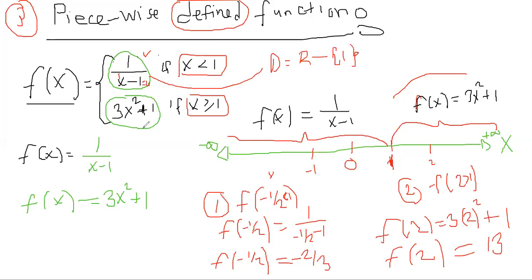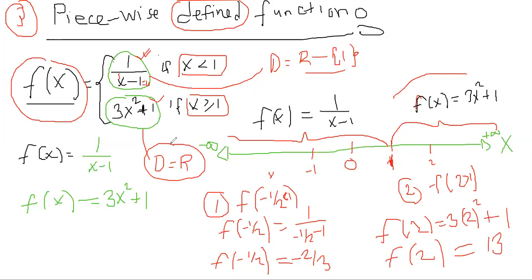But if we look at this one, the domain obviously will be all real numbers, because there is no real number that will lead to division by 0 or taking a square root of a negative number. So if you look at this kind of function, it would have 2 domains, one for this one, another one for this one as well. So for the first one, this is the domain, and for the second one, this is the domain.